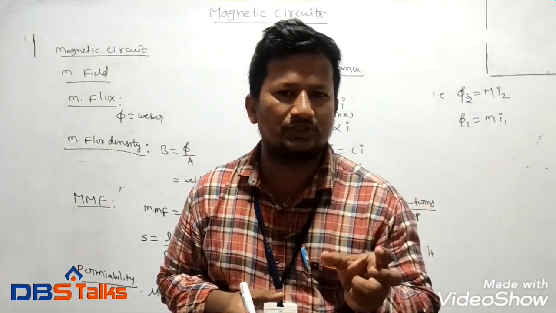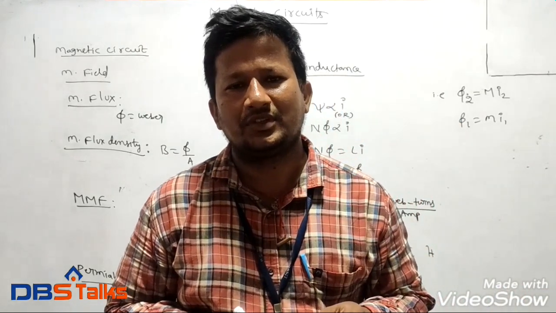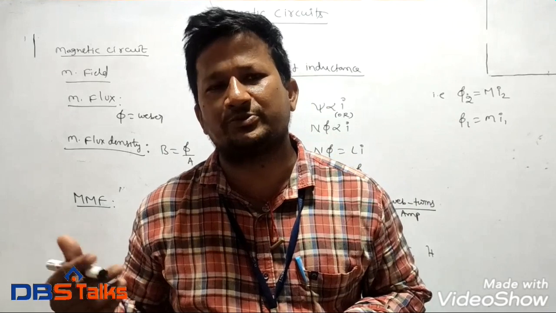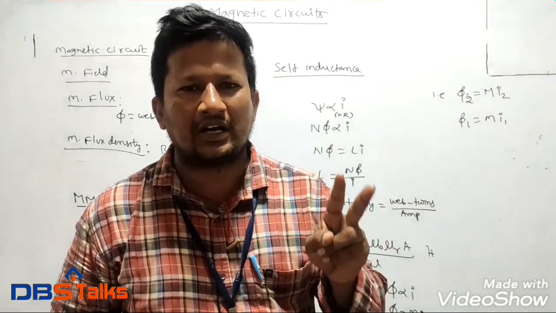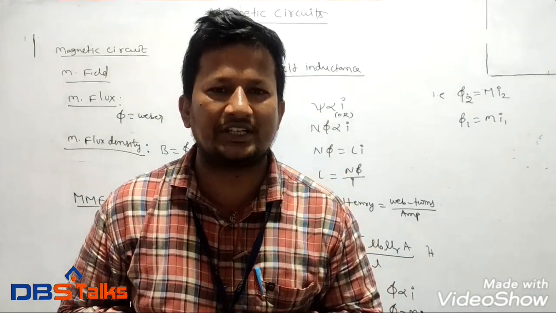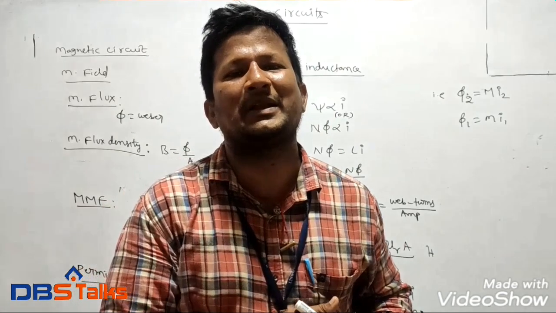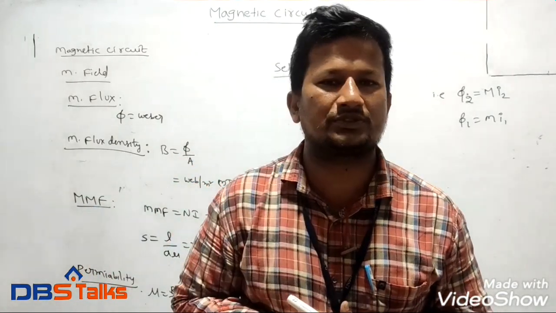Suppose in one circuit you change the current, in another circuit a voltage is produced. The two circuits are not physically connected, but the parameters vary by varying the supply voltage. That type of circuit is called a magnetic circuit.